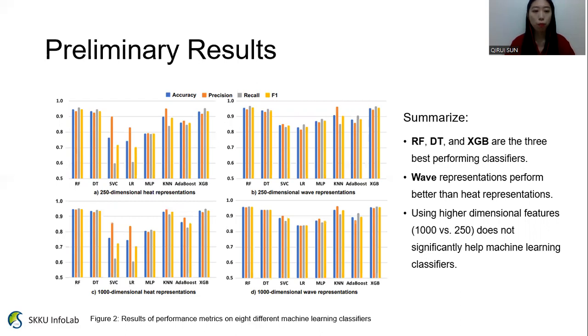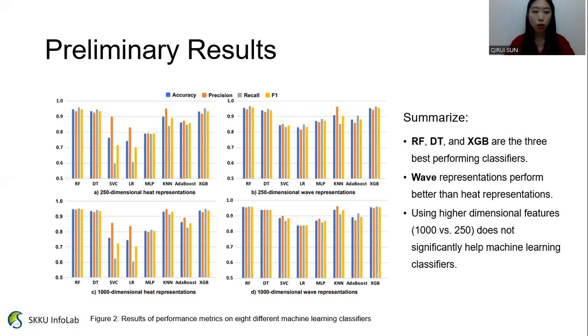Figure 2, B and D shows that the wave features have better performance and the evaluation metrics of all 8 classifiers have improved around 1% to 6% compared to the result obtained from the heat representations. Although the difference is insignificant, the 1,000 wave representations have 0.1% to 0.2% improvement over the 250 wave representations.